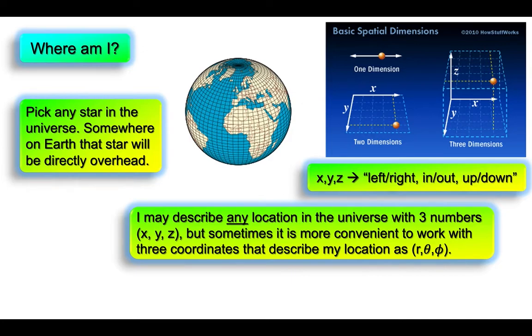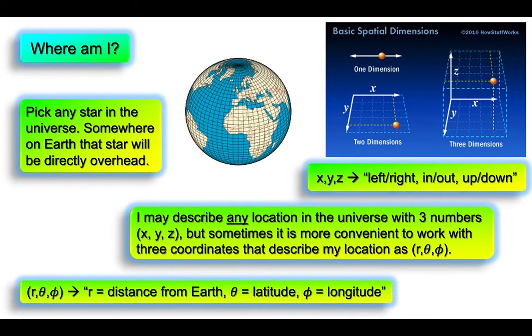Don't pick the sun. Pick your favorite star in the universe. Now, somewhere on the Earth, that star is going to be directly overhead of you. So maybe you have to go to Saudi, or maybe you have to go to Namibia, or maybe you have to go to Germany or Brazil. But somewhere on the surface of the Earth, that star you picked out is directly overhead of you.